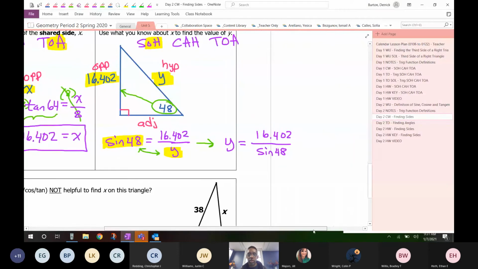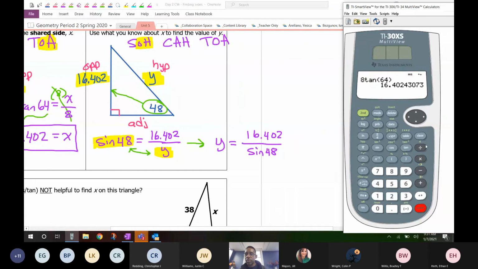Hold on, I need to get this over. So let's put this in the calculator. 16.402 over the sine of 48. That's 22.071.